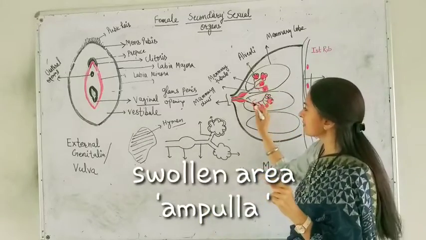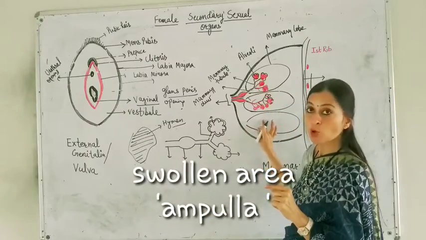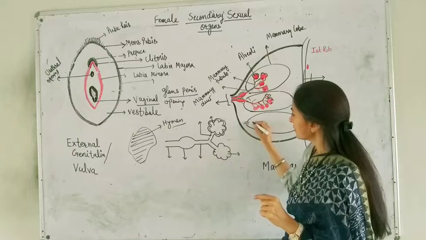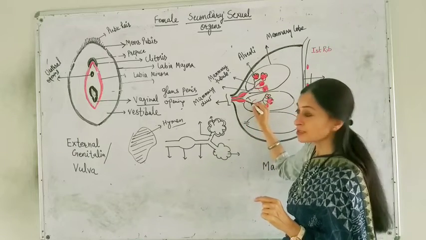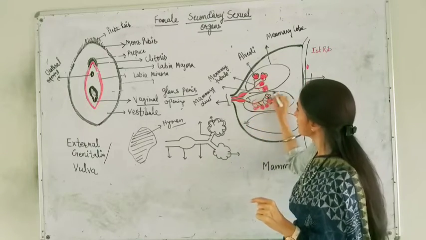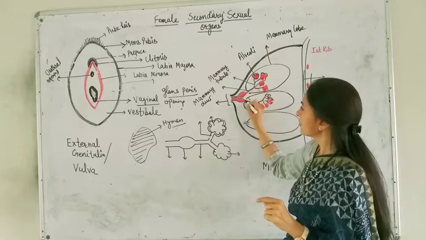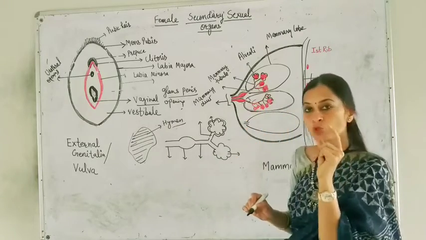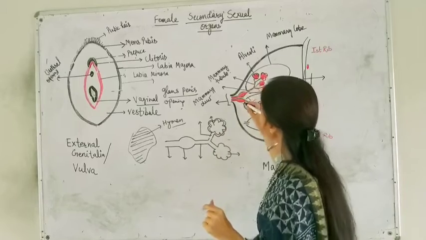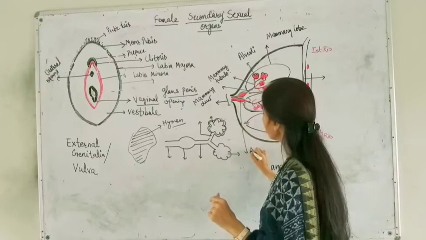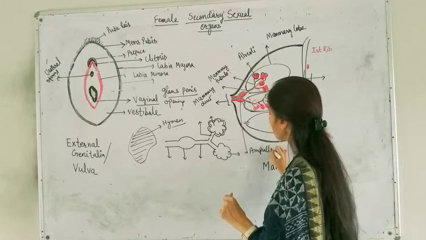The mammary ducts are leaving the lobes like this. This is the duct leaving the lobe and then forming a swollen area known as the ampulla.